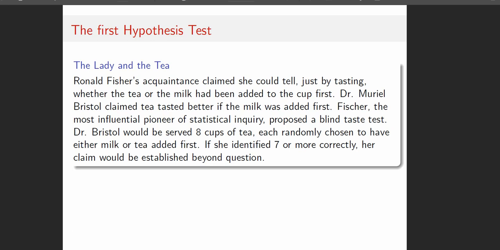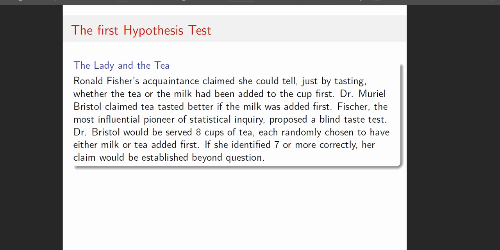And if you have discriminating taste buds, like apparently Dr. Bristol did, then you'll taste a slight difference. But if you put the 2 tablespoons of milk in the bottom of the cup and then pour the 200-degree tea in on top, that 50-degree milk will heat up much more slowly and it won't curdle. So apparently there's a small difference in taste based on whether you add the milk first or the tea first.